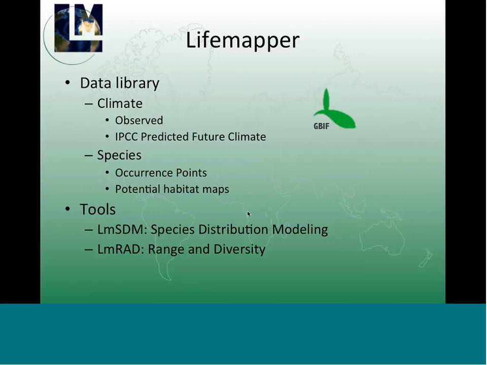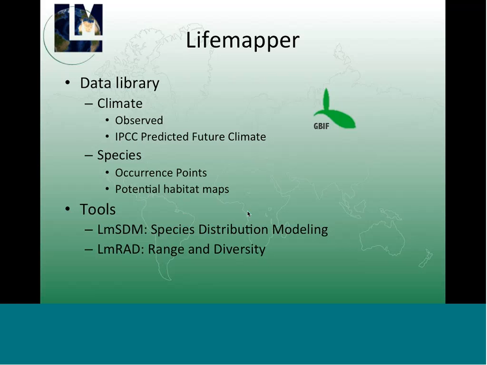Then we make all of these input and output data available to be downloaded using open geospatial web services or viewed on our website, and they're also easily downloaded or accessed programmatically. The second set of tools are research tools, including two modules.